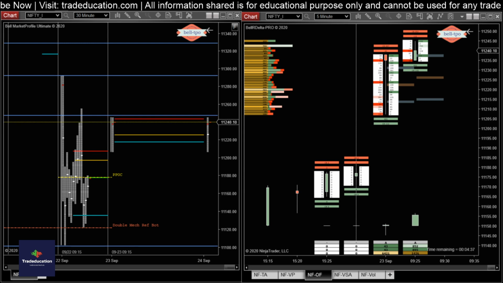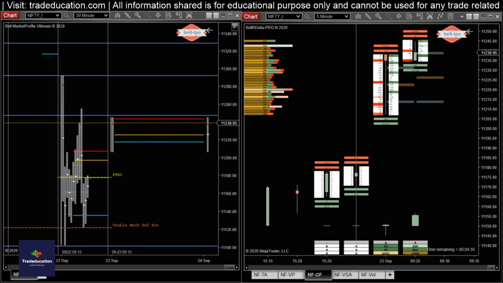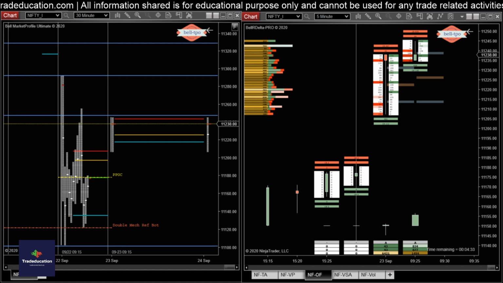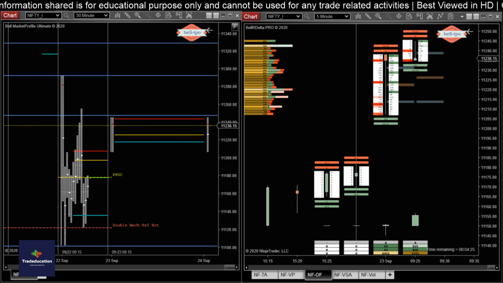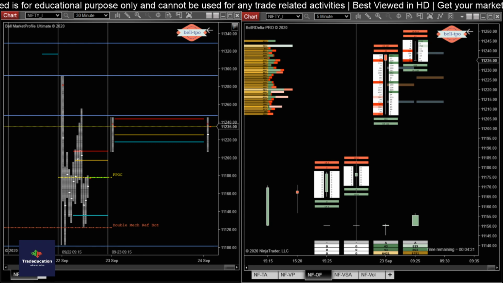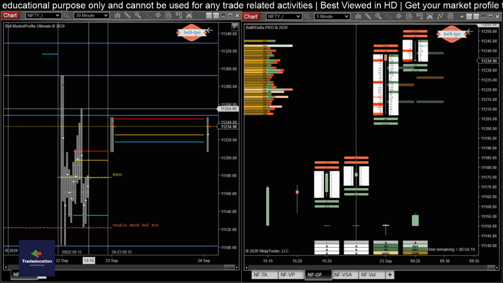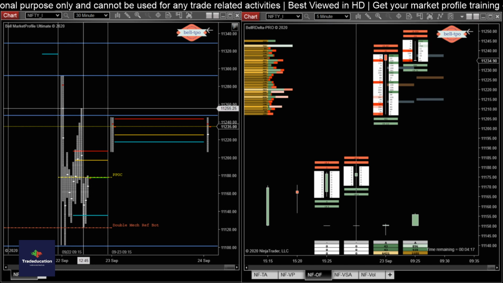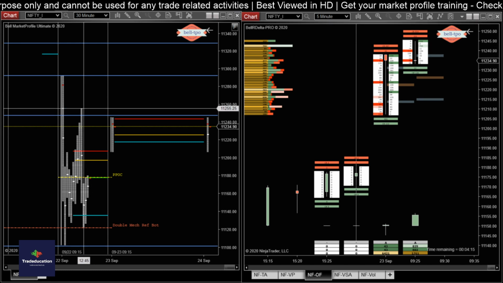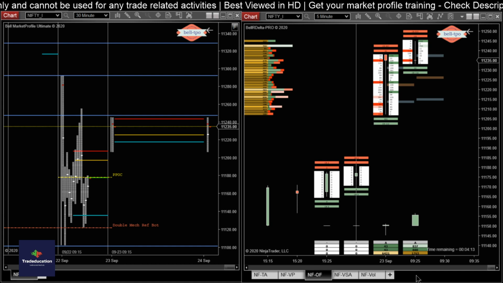So good volume flow, decent volume flow. I would say not good, but decent volume flow. Now it's just hovering around the open. So I'm waiting for it to tag the reference line, this reference line, and this particular spike reference.